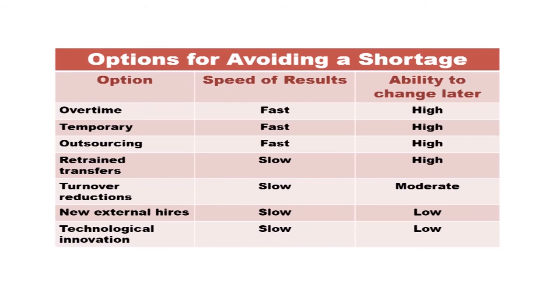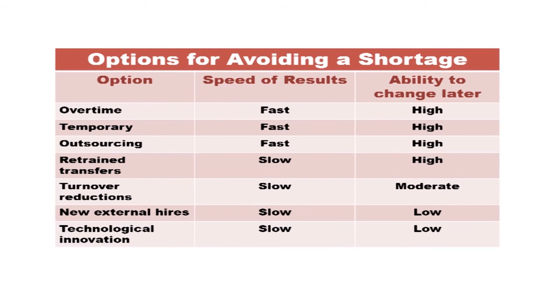The second column shows the speed and effectiveness, and the third column shows how easily an organization can undo the change if it no longer faces a labor shortage.